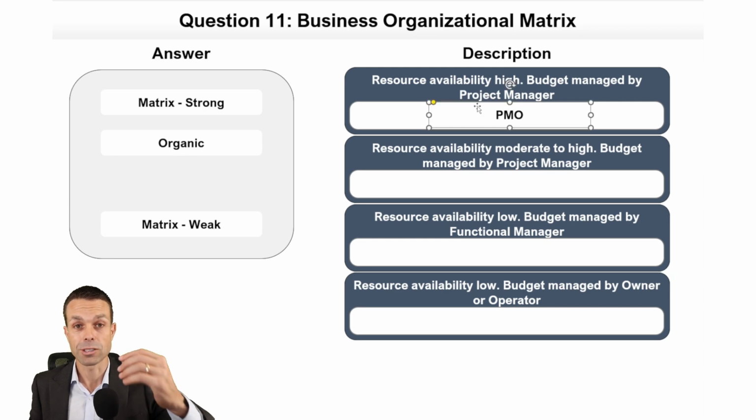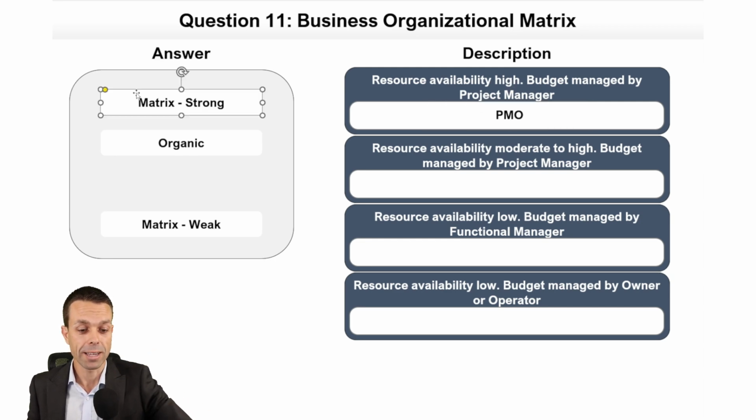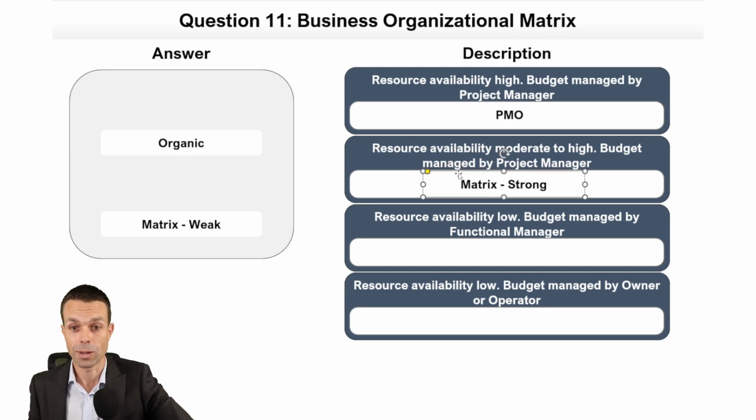That's the strongest matrix. So the next one is going to be just a normal, strong matrix, organizational matrix. That's where we still have quite a lot of control, but resource availability is only moderate to high. Now we get into the weak matrices, which is basically when things are managed by the function or the receiving manager. Or you might be doing a process improvement within your team, for example.